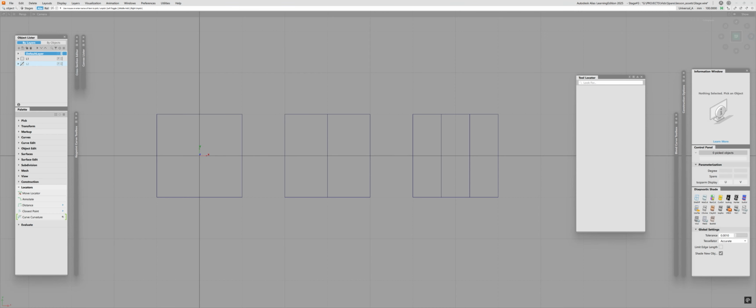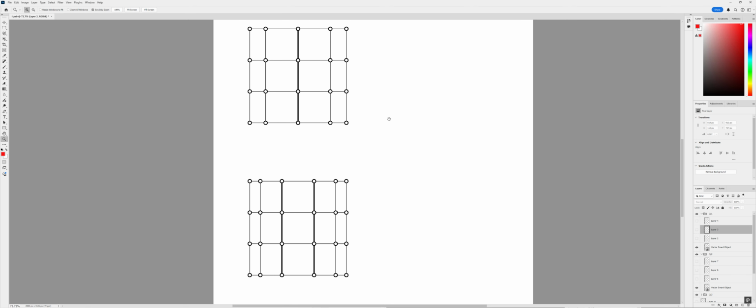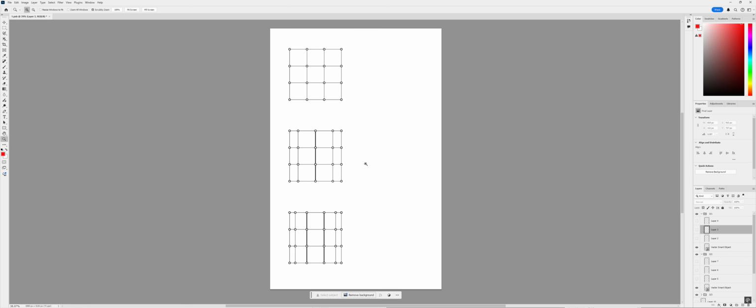So let me actually show you what these knot vector values are and how they affect the way the multi-span surface behaves. For that, let me go into Photoshop, where I have pretty much the same surfaces as in Alias, as a structural representation.